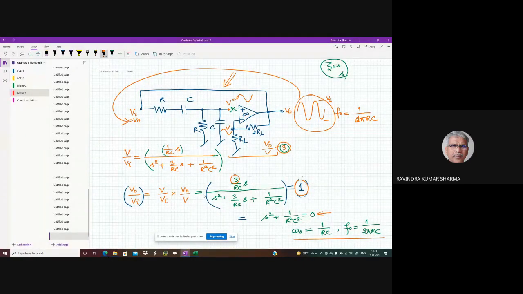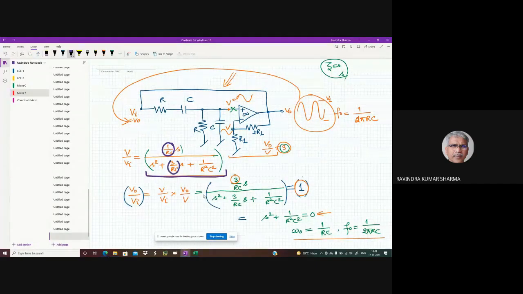Take a band pass filter, right? Find out its transfer function. Figure out what is the gain of this.